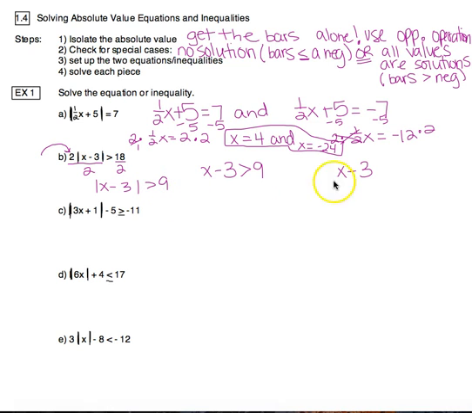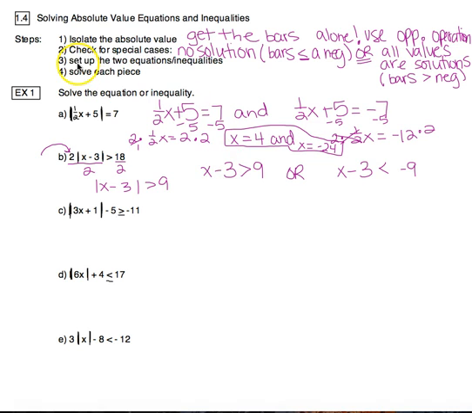The second one, I am going to make it negative 9, just like I did on the equation, but because it's an inequality instead of an equal sign, I also flip this symbol. So change it to a less than. When your original has a greater than sign or a greater than or equal to, what goes in the middle is an or.